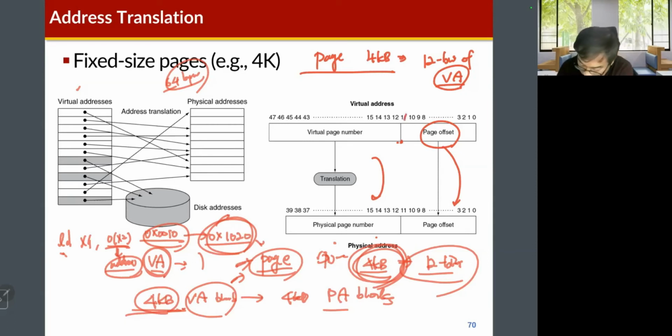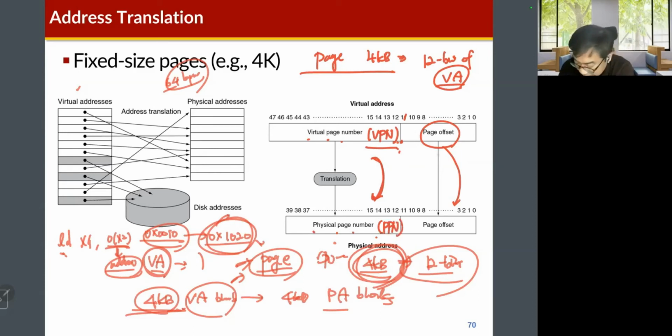Instead, the upper part of the virtual address, which is called the virtual page number, VPN, is translated into the physical page number called the PPN.